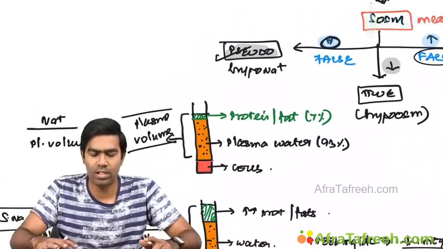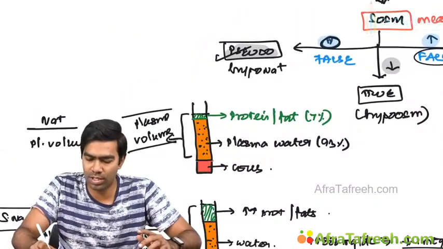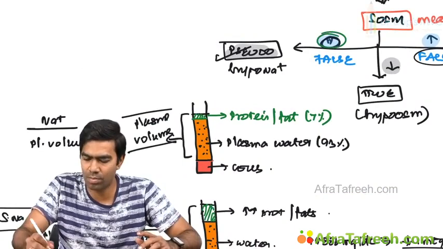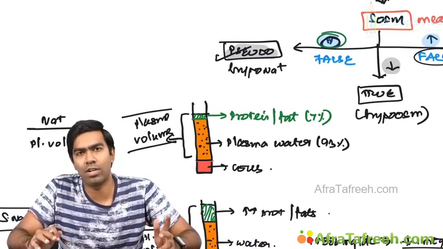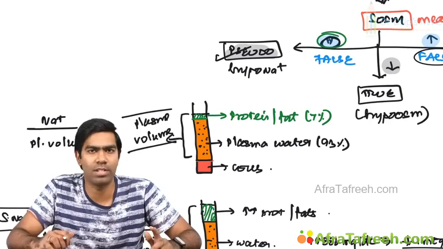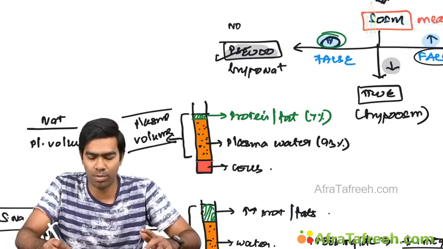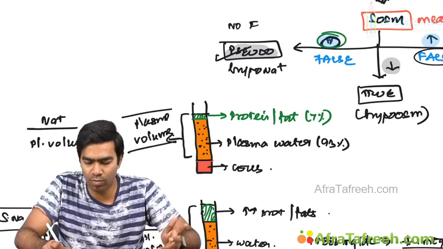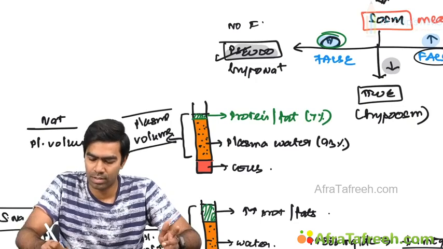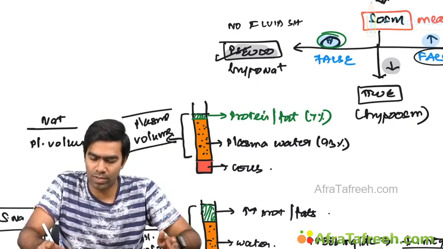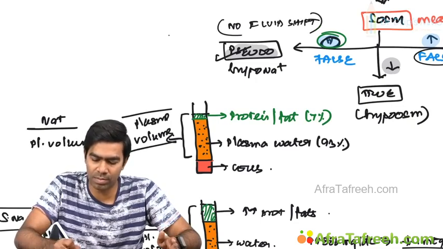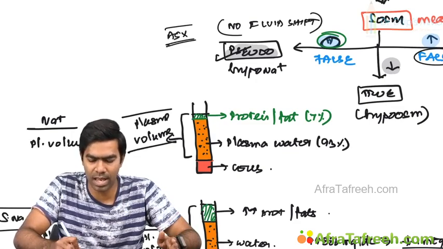Similarly, in pseudo-hyponatremia, I told you the serum osmolality is actually normal. How can you cause fluid shift in the presence of a normal serum osmolality or a normal plasma osmolality? So in a pseudo-hyponatremia, there is actually no fluid shift happening. That is the reason the patient will be completely asymptomatic. There is absolutely no problem.